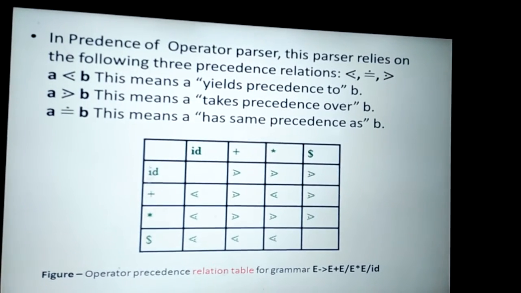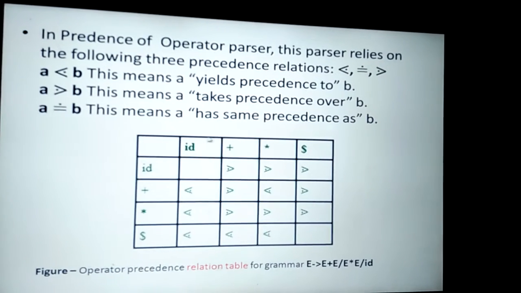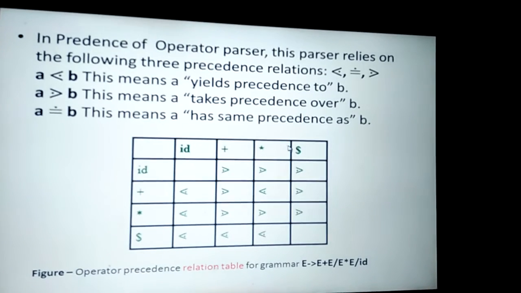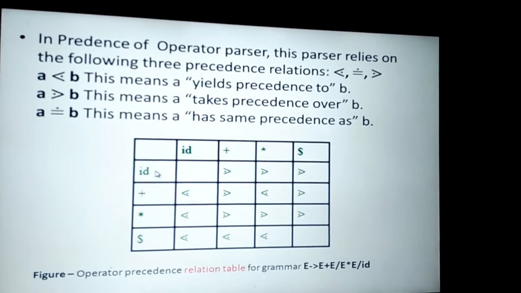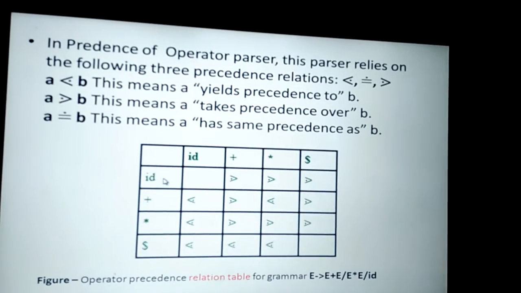We are rolling over from A, every row to every column head, to show the relationship between the identifiers and the operators among the productions of the given grammar.